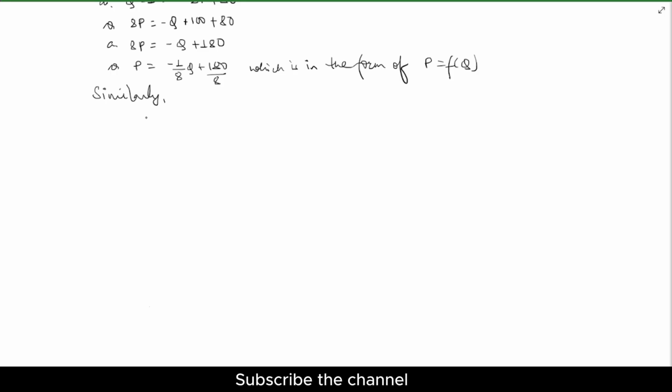Similarly, if the price equals rupees 12,000, then what is q? This can be written as 12 in terms of thousand, because previously we have mentioned in terms of thousand. So instead of 12,000, write p equals 12.